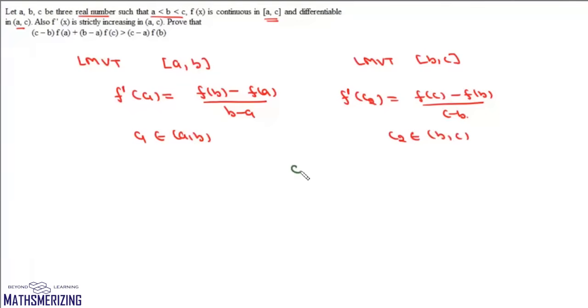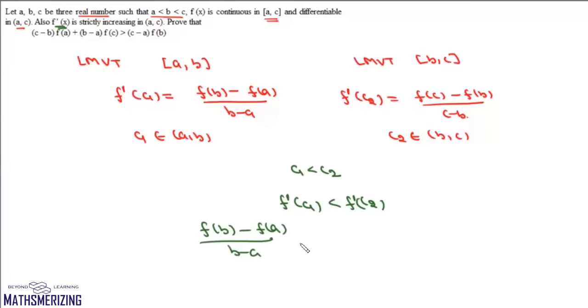Now we know that c1 is less than c2 and f dash x is strictly increasing. It means f dash c1 will be less than f dash c2. So from here we can write (fb minus fa) upon (b minus a) must be less than (fc minus fb) upon (c minus b).